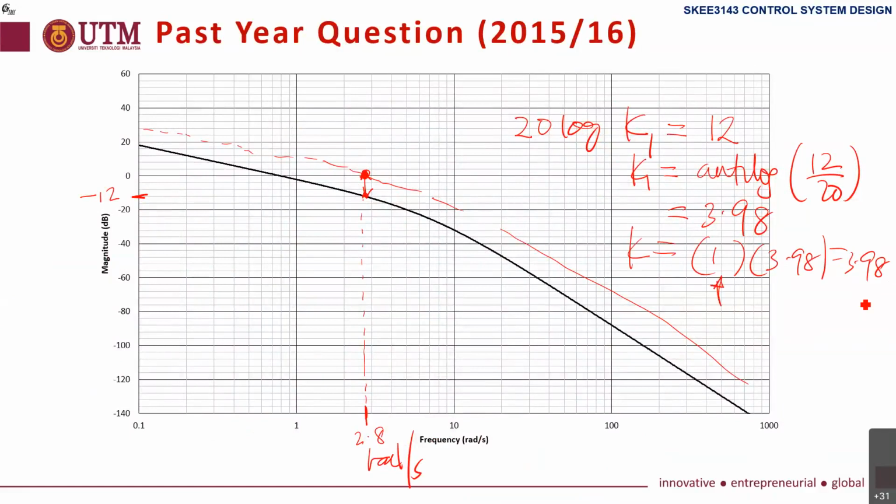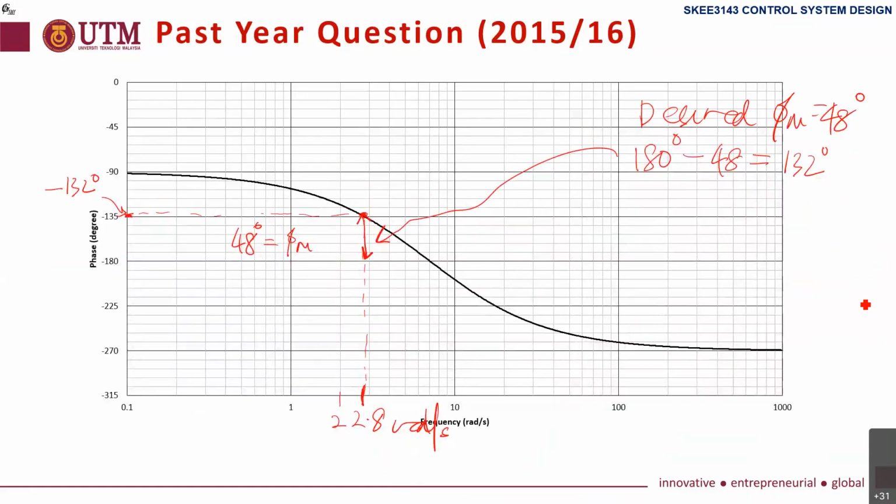So if we use K 3.98, all will be shifted by 12 dB. Then we can make sure the magnitude at 2.8 radian per second will cross 0 dB in order to obtain 48 degrees phase margin.